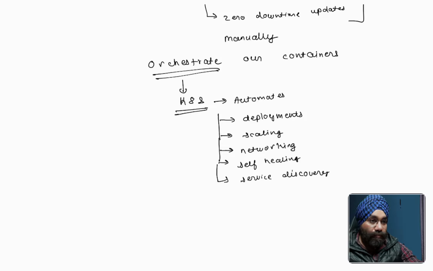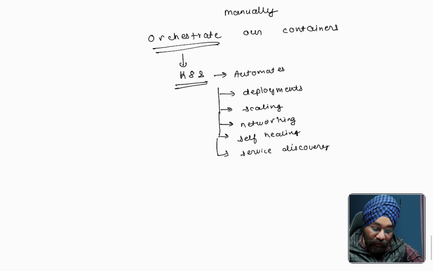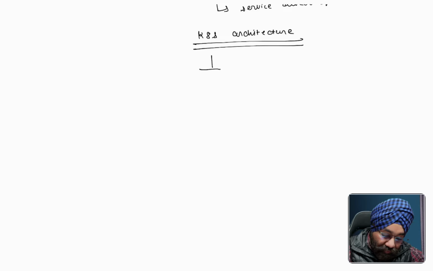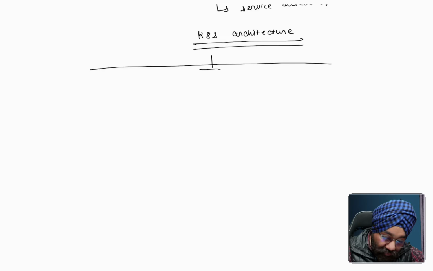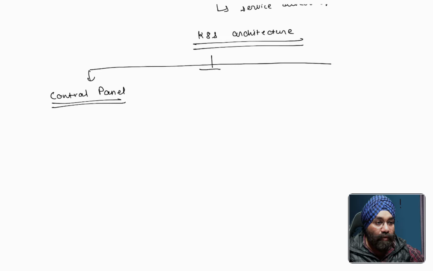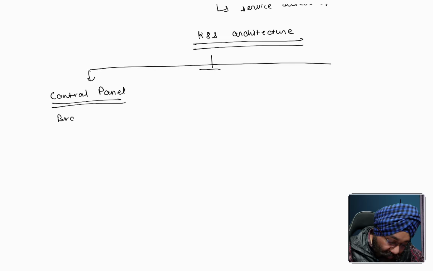Now let's understand a little bit of architecture. Basically the most important thing here is the control plane. It is like the brain of Kubernetes. Apart from the control plane, there are also worker nodes.